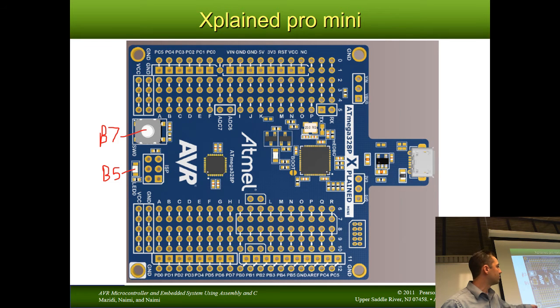Basically it takes those and moves them over there, same pinout. Unlike the Arduino, we don't use things like digital 1, digital 2, digital 3. We actually have to deal with the names of the ports: D0, D1 through D7. Here's B0, there's B5, C0 through C5, and so on and so forth. And it all runs off a USB port. So you plug this in, you've got a full-featured development board.